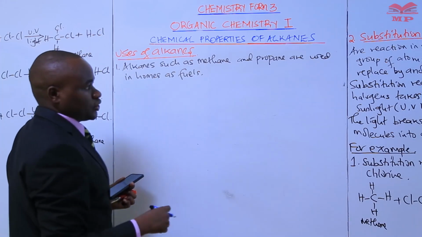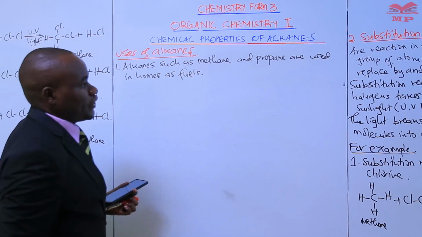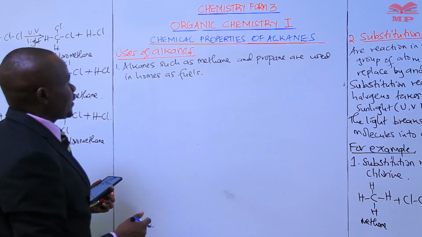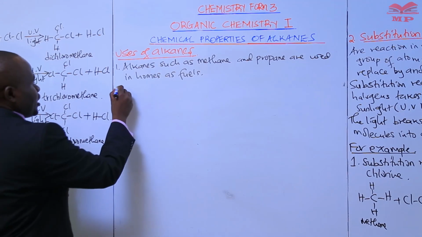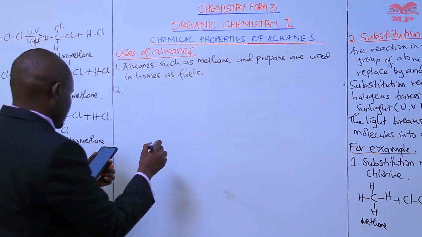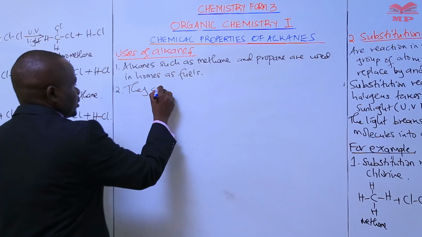So I believe that one, at least we are aware, those gas cylinders we use at home, they contain methane. So they provide fuel for domestic purposes.